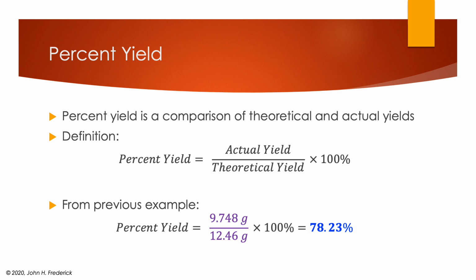We got an actual yield of 9.748. We calculated a theoretical yield of 12.46. So that would leave us with a percent yield of 78.23%. So pay attention to this definition. It's something that you'll need to know for doing problems in the course. It's probably also something you're going to run across in your own work of one form or another as you go along.